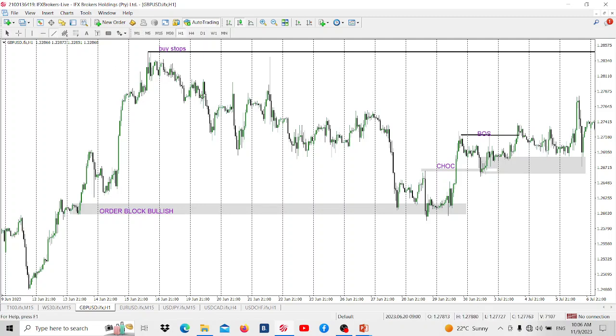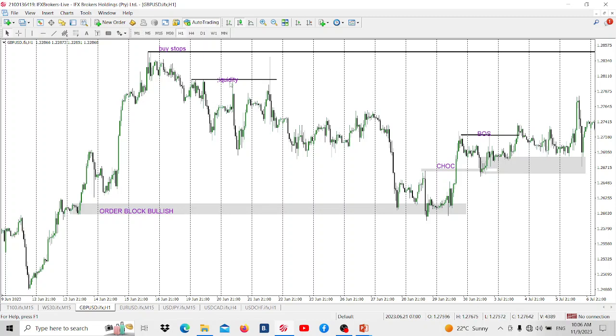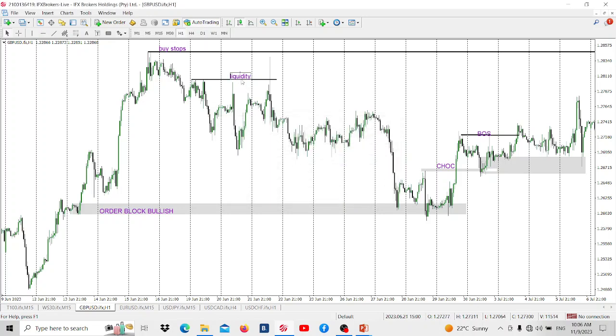And you can clearly see that although there was a spike, that was our liquidity that we wanted. We are hunting this liquidity.